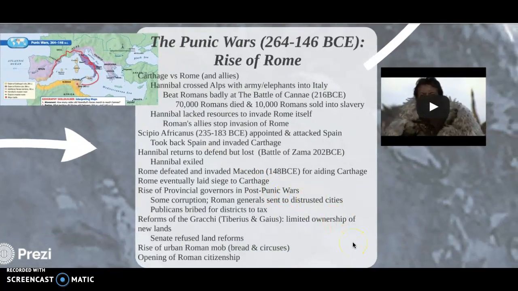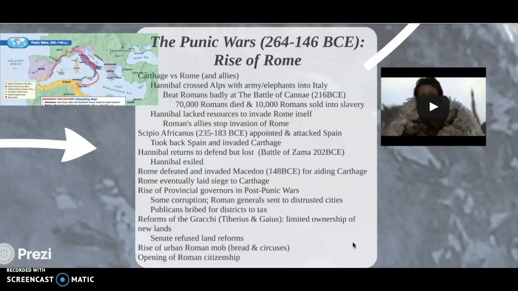Anyways, Hannibal eventually raises forces, including an army with elephants, and you can see the map there. They go and march on Rome. In fact, the march itself was amazing. But by the time he gets around Rome, they never do actually take Rome. The biggest thing that Hannibal does is win at the Battle of Cannae in 216.